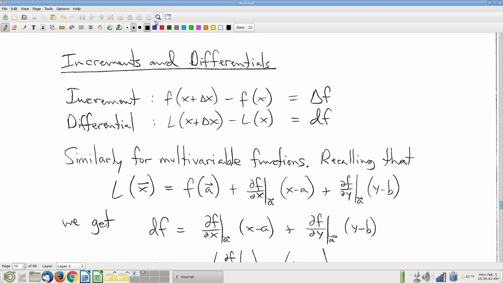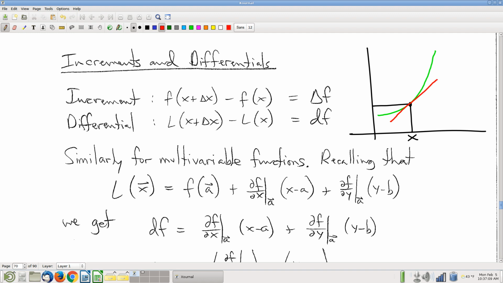Let's go back to single variable calculus, and I'm going to draw a familiar picture. If you have some point x there, and some curve, then we can talk about the linear approximation, the tangent line.